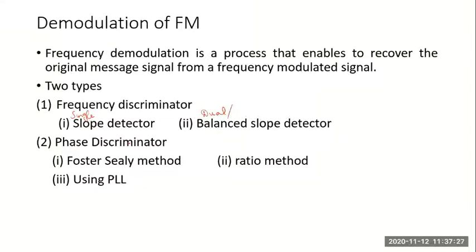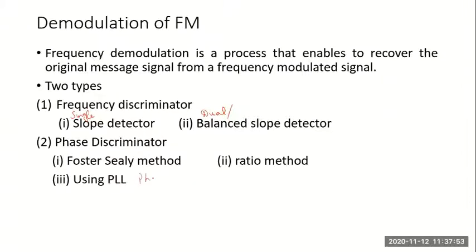Okay. Then we have phase discriminators. Under phase discriminators, we have three different methods. The Foster-Seeley discriminator, based on the name of the people who devised this technique, the ratio discriminator or the ratio method, and the last one is using a phase locked loop.